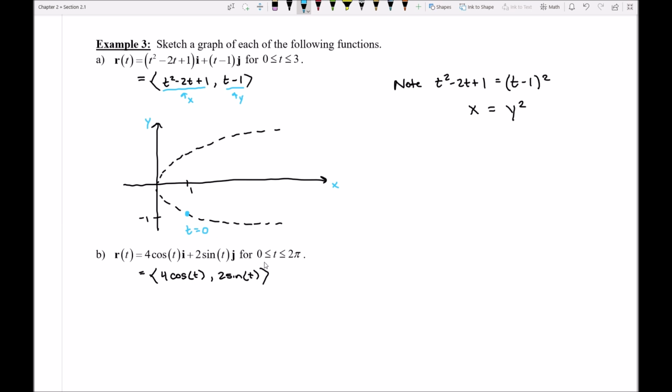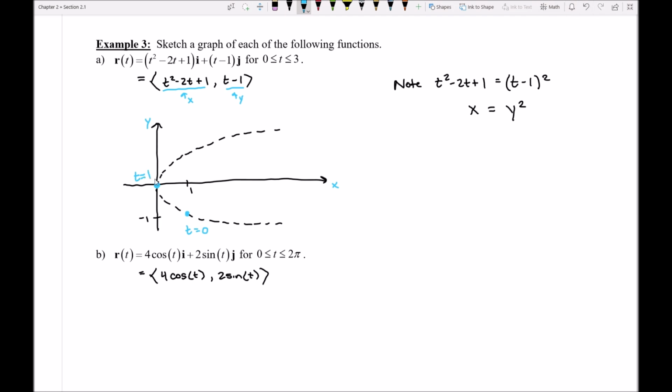Now, if I increase t to the value of 1, I'll notice that my y value is going to go to 0, but also, since x and y are related, because x is really just t minus 1 squared, my x value should also be 0 if t is 1. So that would mean that I'm over here when t is equal to 1.